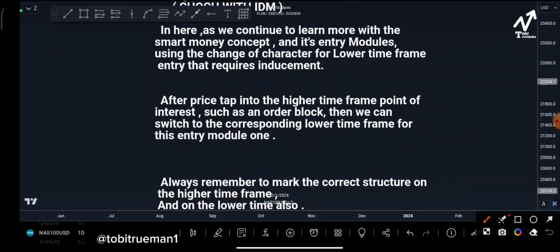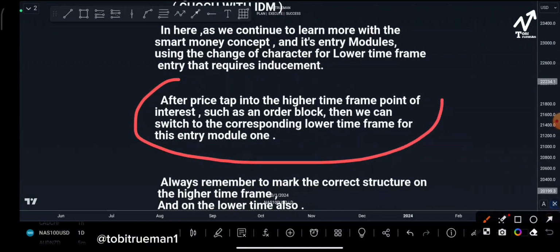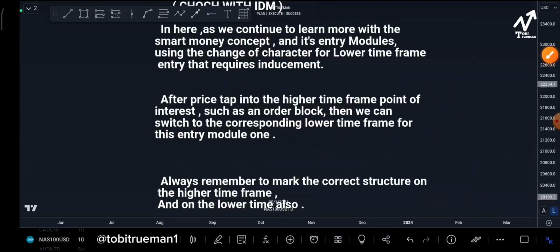After price taps into the higher time frame point of interest, such as order block, then we can switch to the corresponding lower time frame for this entry module 1 or entry type 1.